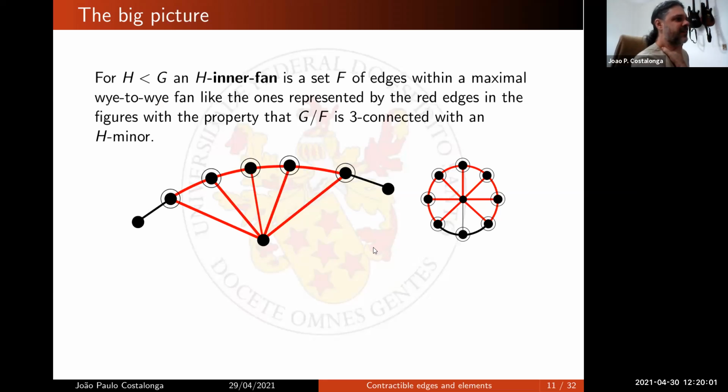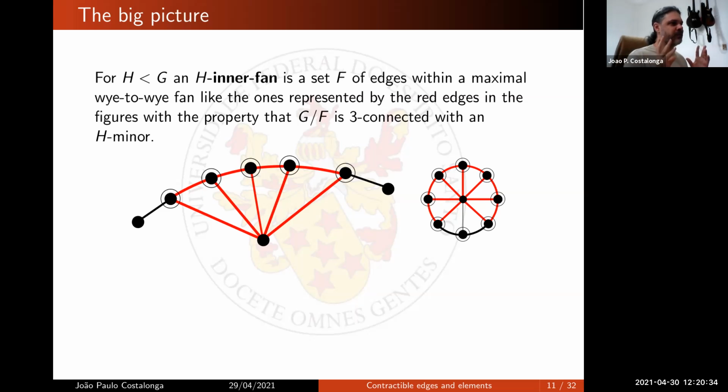A further thing to define about fans is that if we have an H minor of a graph G, we say that a set of edges is an H inner fan if it's a set of edges within a maximal Y to Y fan, and the contraction of all its edges results in a three-connected graph with an H minor.